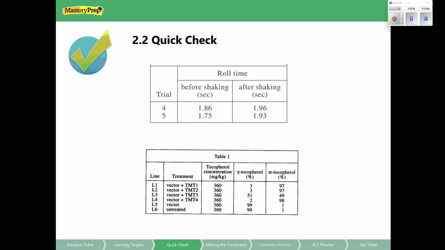All right, so looking at these tables, how would we read the first one? How would we talk about this here? Would we read these two charts differently?